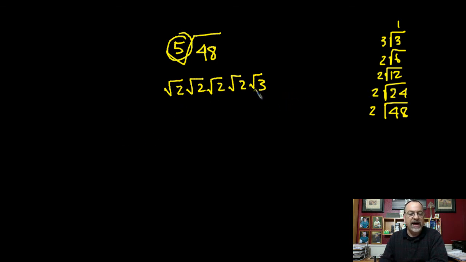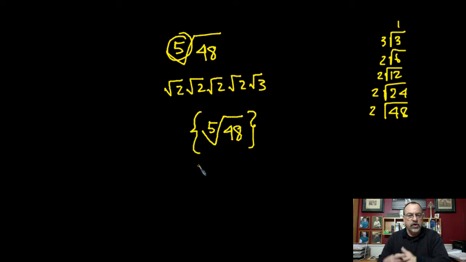Well, I don't have 5 of the same number underneath here, so the fifth root of 48 is the simplified version because I cannot simplify it any further. So we're going to do the same thing we did with square roots, but the index is going to tell me how many of the types of radicands I need in order for it to simplify to a whole number outside. We're just simply expanding what we already know.